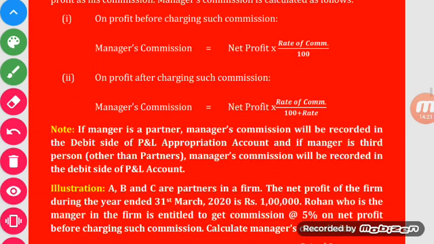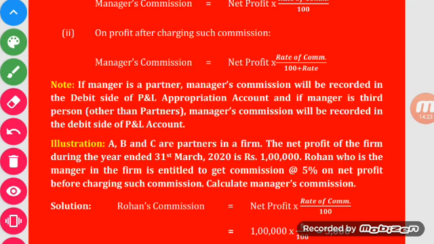The most important point to be noted here: if the manager is a partner, manager's commission will be recorded in the debit side of profit and loss appropriation account.